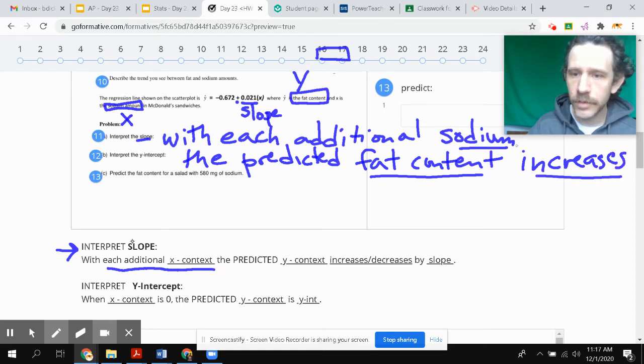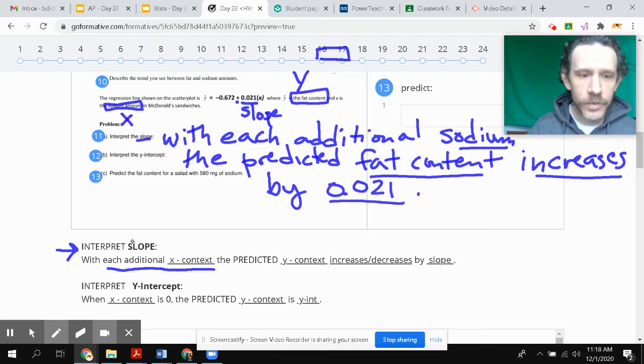So it increases by how much? Well, there's the number. You can use this framework for any context you have. In this set of problems, you can even cut and paste this and just fill in the blanks. The sodium is our x, fat content is our y, we're increasing because the slope is positive, and the number for slope is 0.021. So that's slope.